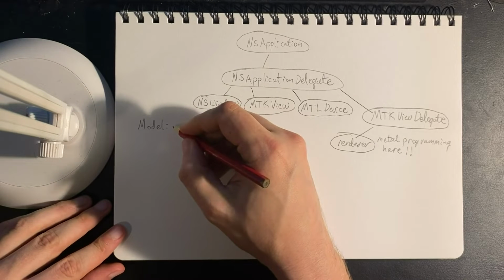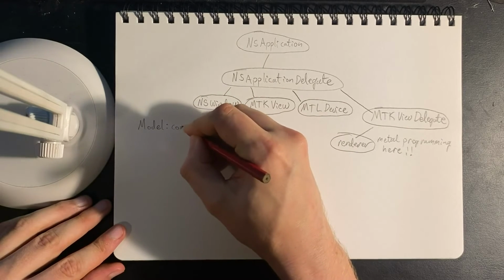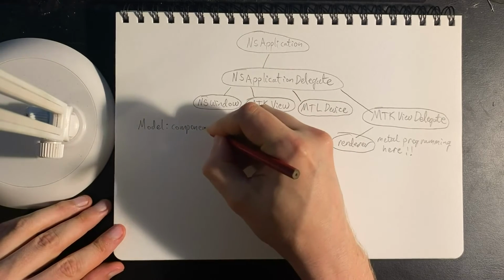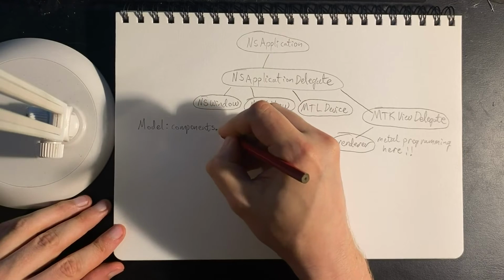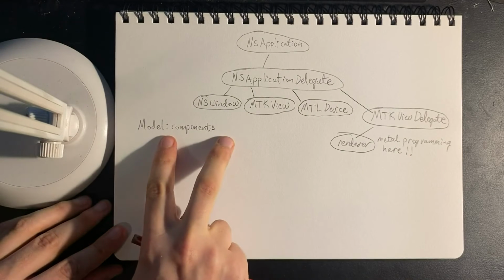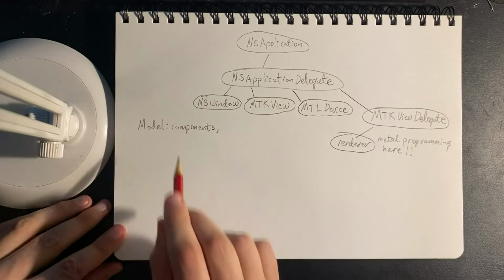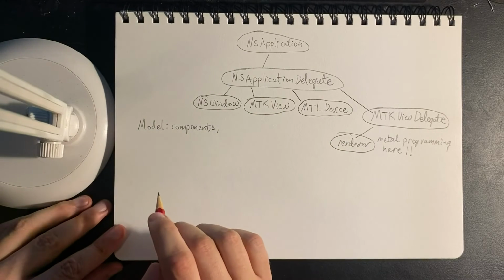So here we'll have all of our components. And if you haven't seen a data-oriented ECS system, don't worry, we'll be talking about this, but the components are basically all of the raw data that we're going to be working with.